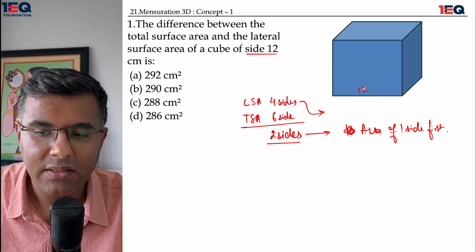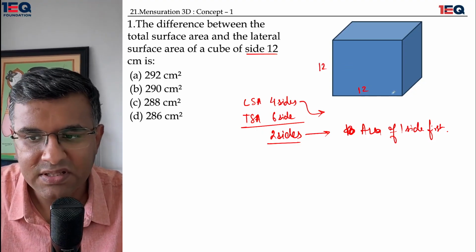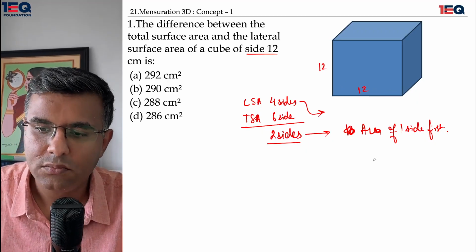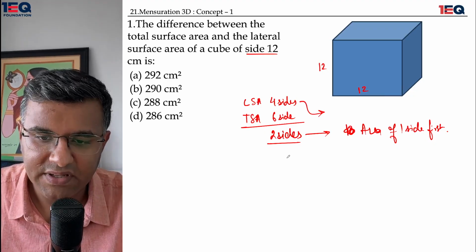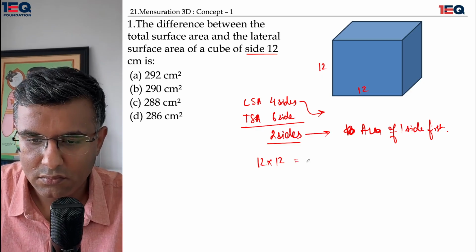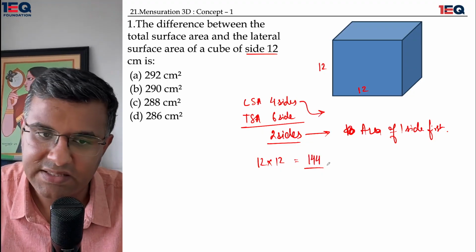So the breadth is going to be 12 and the height is going to be 12. We just need 2 dimensions because we are dealing with only one side. We are not dealing with the whole object right now. So the area of the front face, which I can see in front of me, is 12 into 12. It's equal to 144. This is the area of one side.